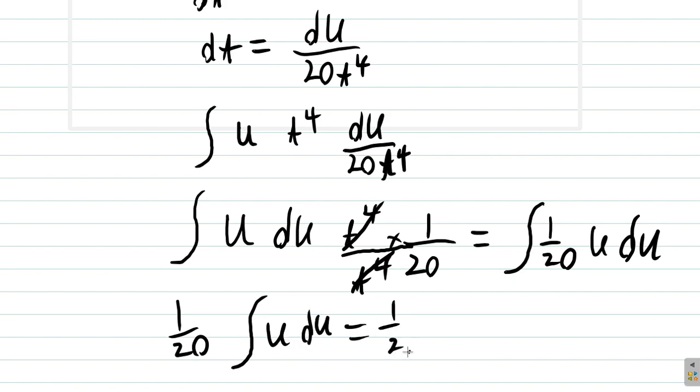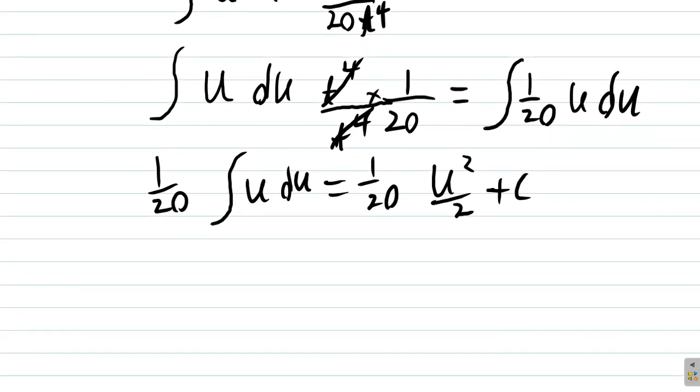When you integrate u with respect to u, what you have is u squared over 2 plus c. Alright? So this becomes 1 over 20 times 2, which is 1 over 40, u squared plus c.